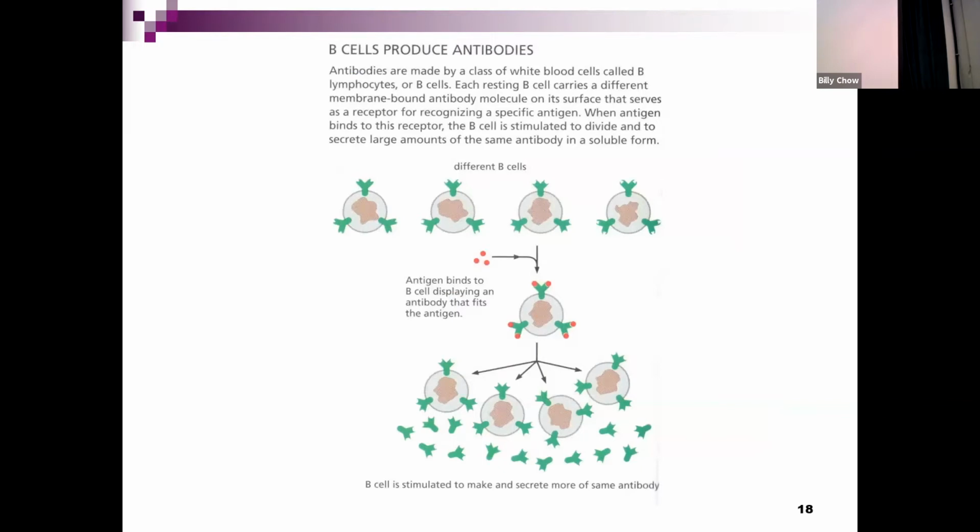And then this is the antigen, and this is the one that is able to interact with this antigen, and later on producing the plasma cells and the memory B cells, generating many antibodies against this antigen. So this is a diagram showing you there are many different B cells, but only this one in this particular diagram can interact with this antigen, giving rise to a lot of antibodies against it.